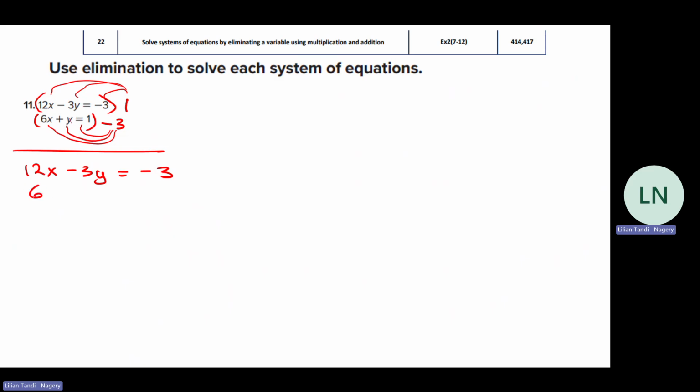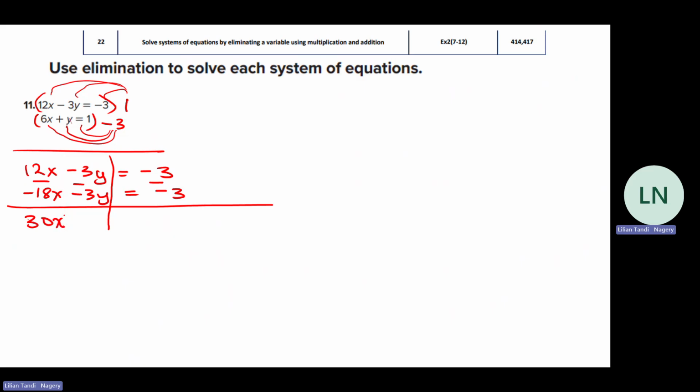This is 18, but negative. Negative 18x, negative 3y equals to negative 3. I have a minus because my rakams are the same ishara. Very good, very, very good. Okay. 12 plus 18, that's 30.